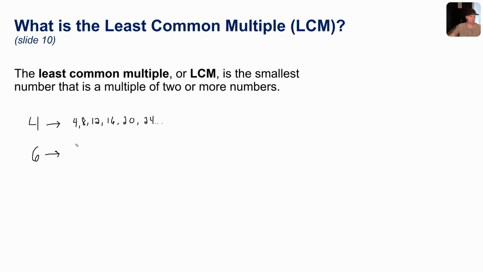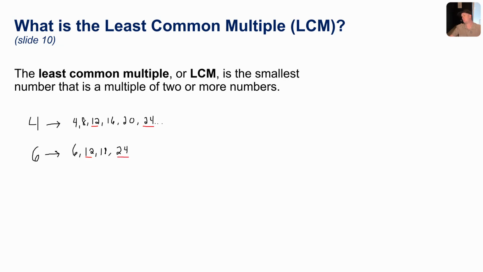And then the multiples of 6 include 6, 12, 18, and 24 here. Now, the common multiples that I see are the number 12 and 12, and the number 24 and 24.